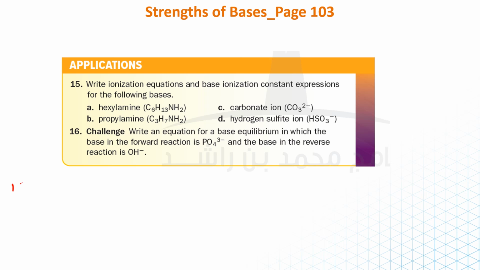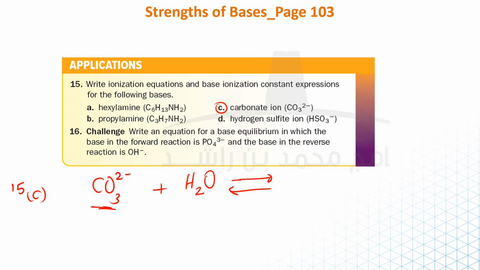Now let's do 15C. So CO3 2 minus plus H2O. Okay, so again, this one is the base, right? So it will gain an H plus. So in the products we'll put HCO3. Of course, because it gained plus 1 and it was minus 2, plus 1 minus 2 equals minus 1.